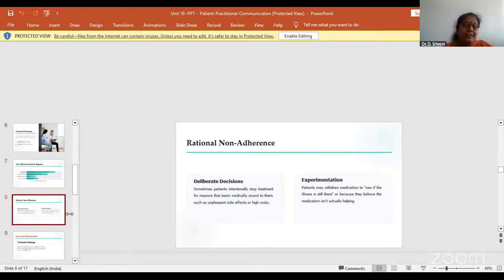Poor communication is far from a trivial issue. It directly impacts a patient's health outcomes and their future relationships with the medical system. When patients are dissatisfied with their interaction, they become significantly less inclined to follow medical recommendations or utilize professional services in the future.